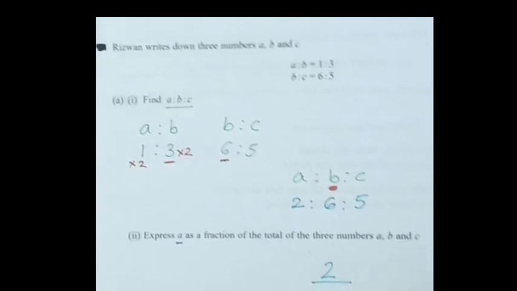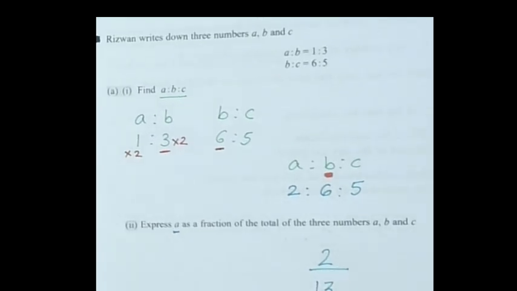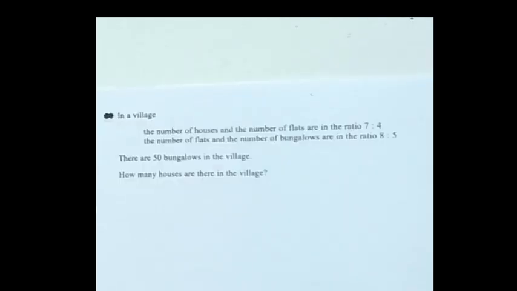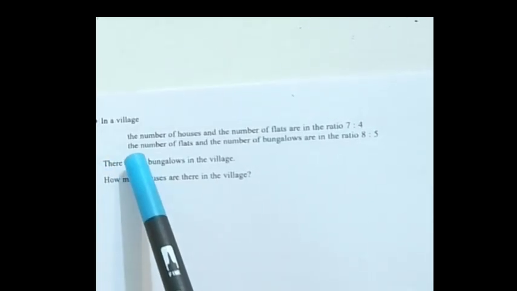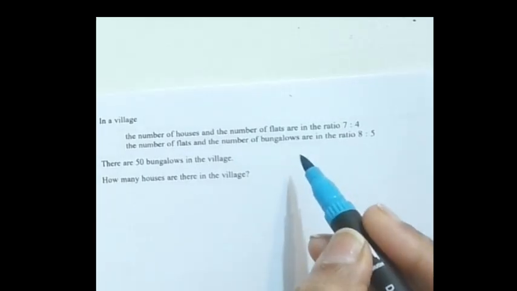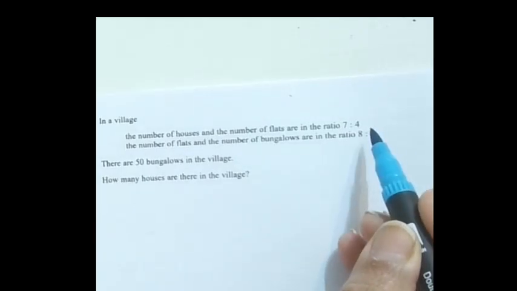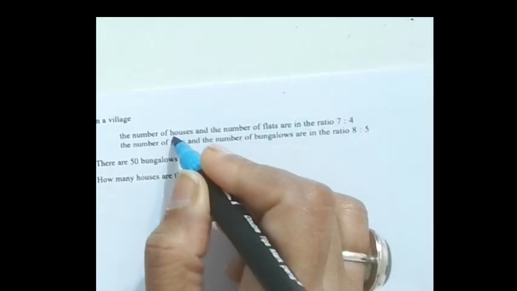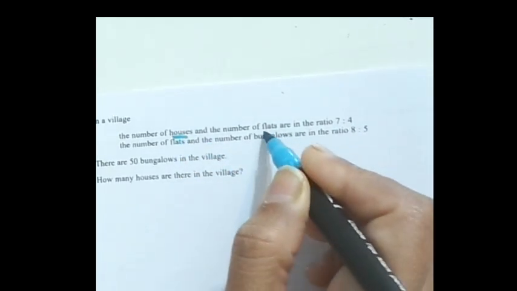Okay. Let us see one more exam style question. In a village, the number of houses and the number of flats are in ratio 7:4. So it is houses and flats.